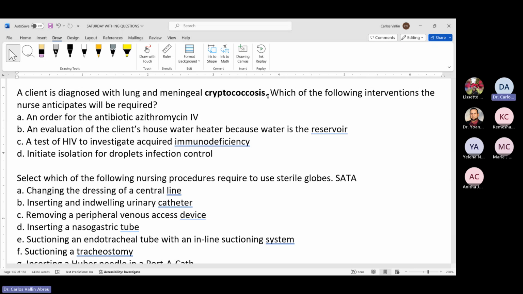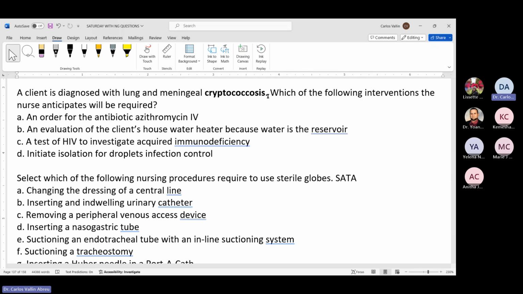An order for the antibiotic azithromycin IV? It is a fungus. Fungi are not treated with antibiotics. Fungal infections are treated with antifungal medications, especially the azoles: fluconazole and itraconazole are the ones I think are used for cryptococcosis.